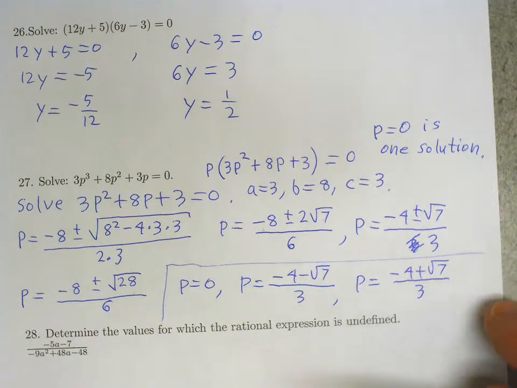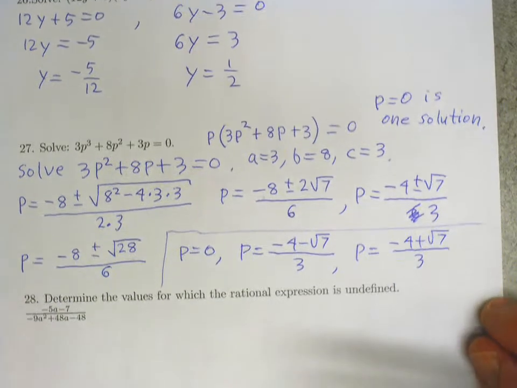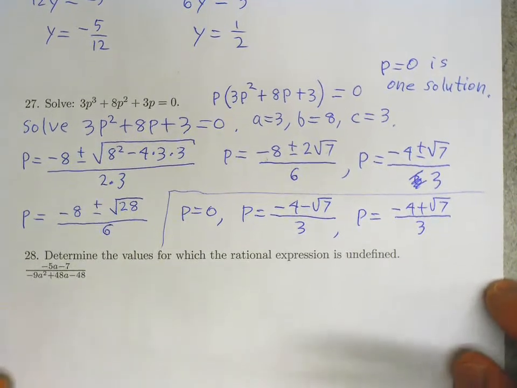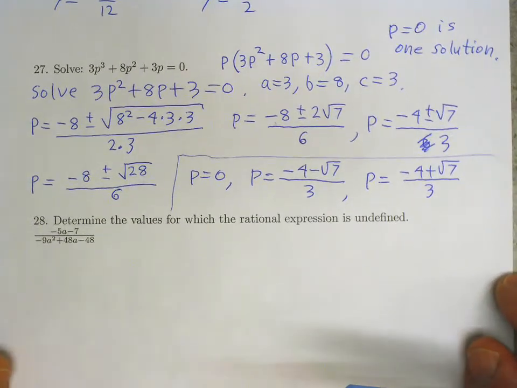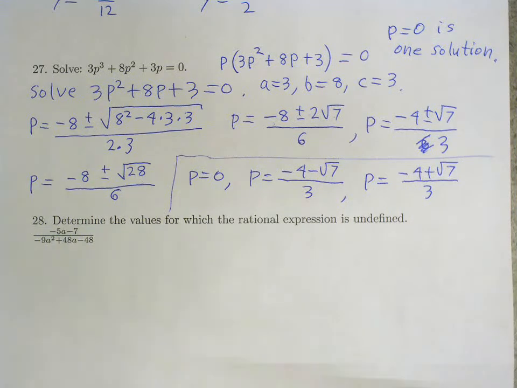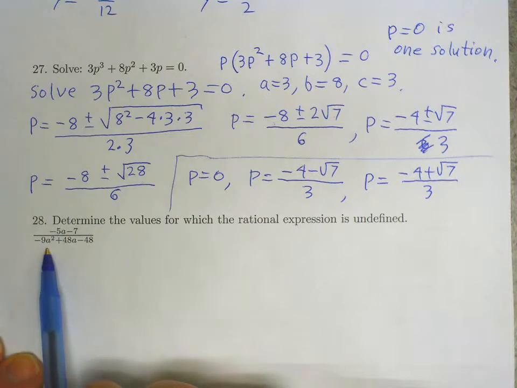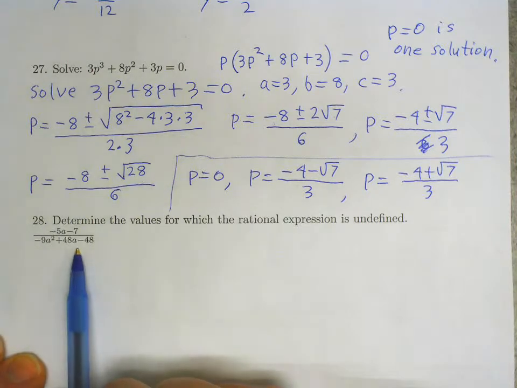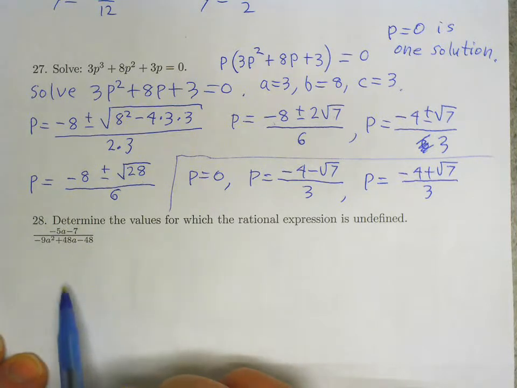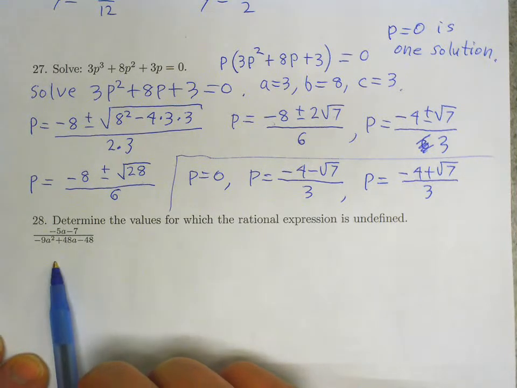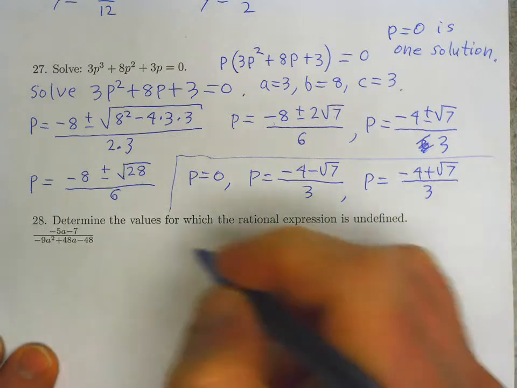Okay, number 28. Determine the values for which the rational expression is undefined. So any a value that makes the denominator 0 is a value for which that rational expression is undefined.